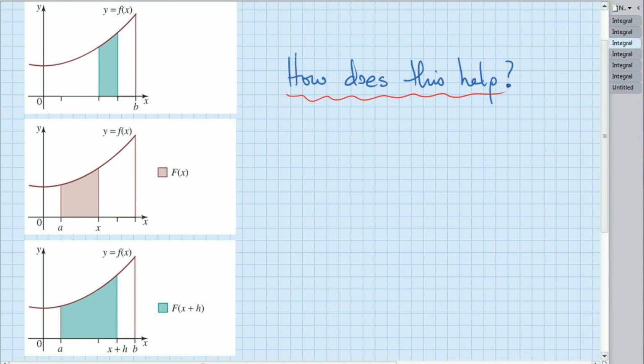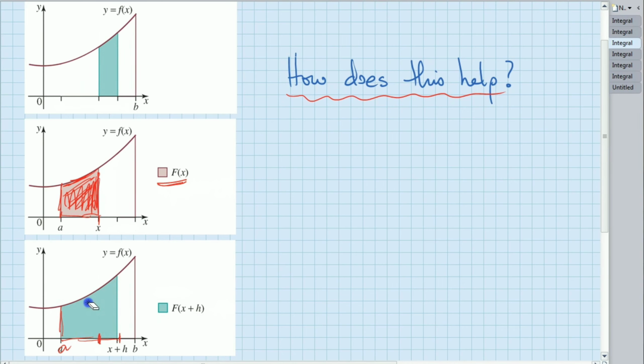So how is this going to help us? Well, we have the function capital F of x here, which if I plug x into it, it's going to calculate the area from some arbitrary value a up to the point x, so this red area here. And if I was to plug a slightly larger value, or a value further to the right of the axis than x, into it, then it's going to calculate this larger area, which is the area again from the value a up to x plus h.